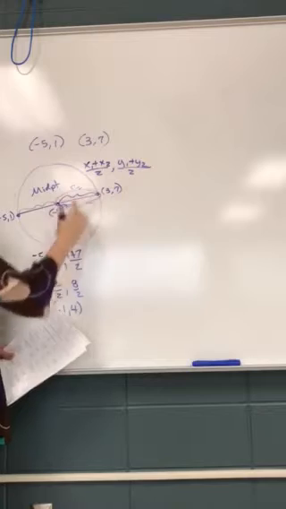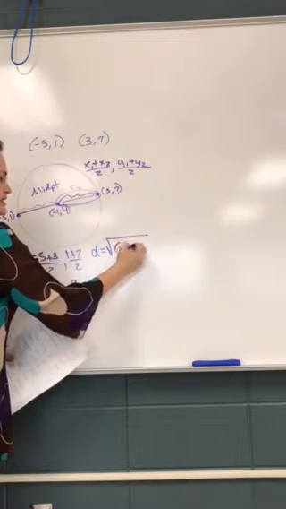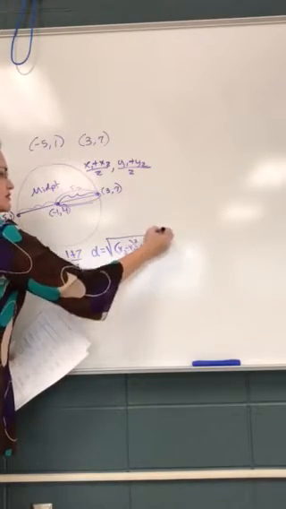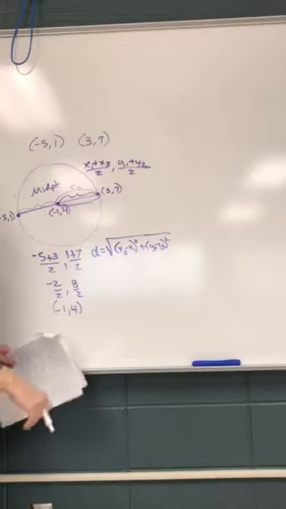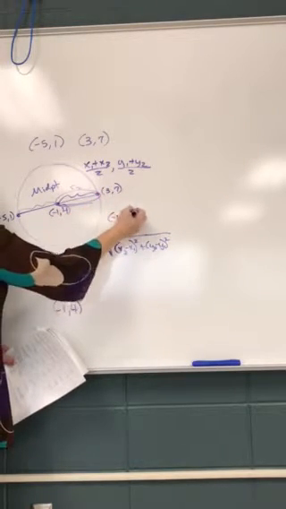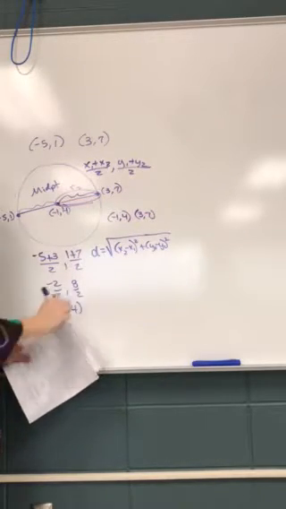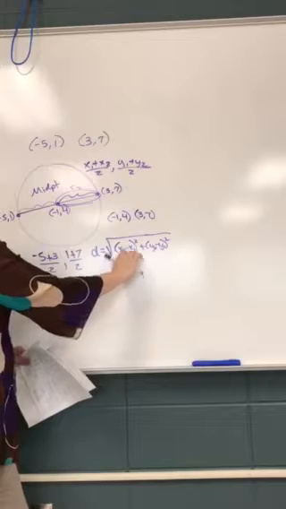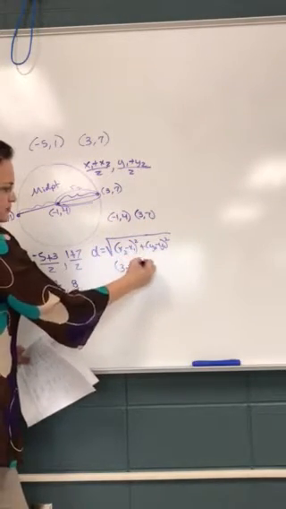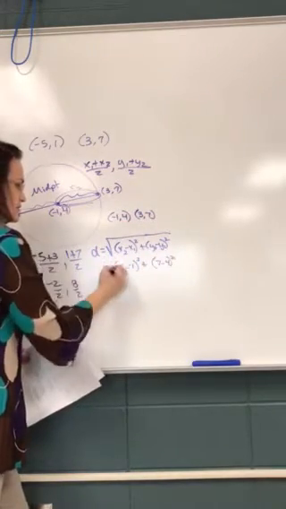So I need the distance formula, which is the square root of (x sub 2 minus x sub 1) squared plus (y sub 2 minus y sub 1) squared, and then square root that sum. So I'm going to do it for -1, 4 and 3, 7. Between those 2 points was this distance. So subtracting the x's, 3 minus -1 squared, plus 7 minus 4 squared, and square root.